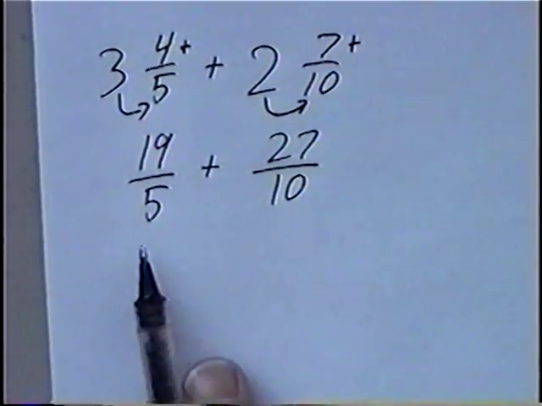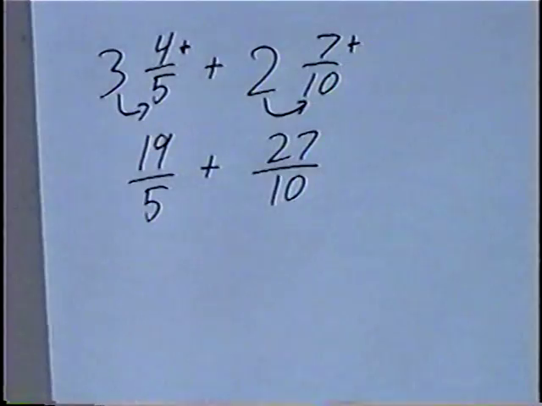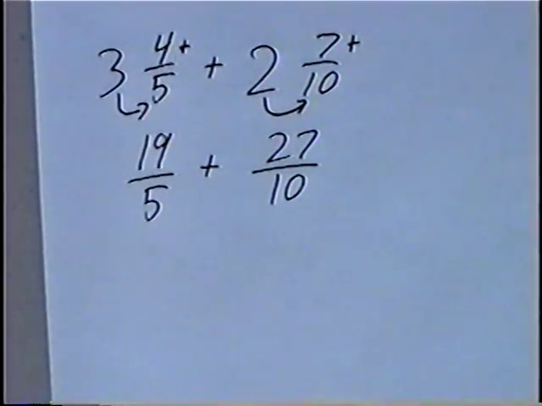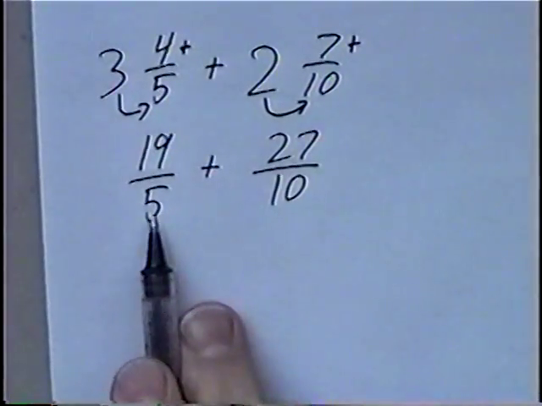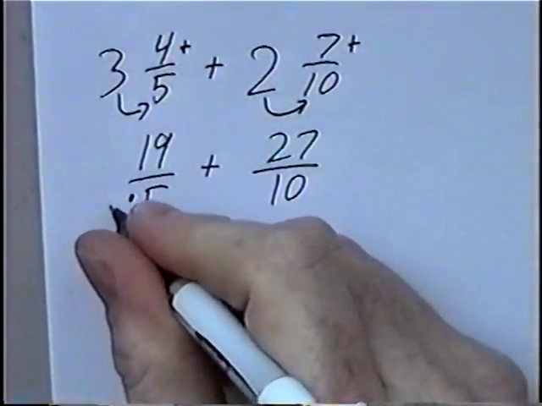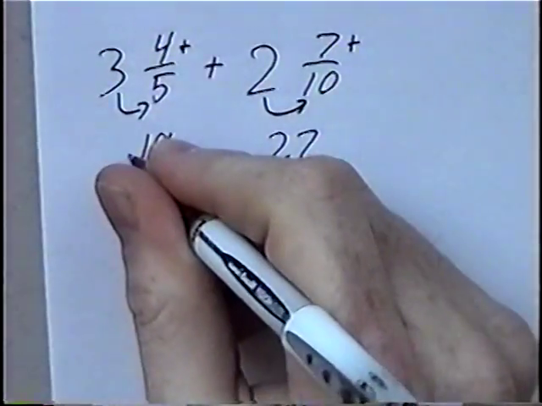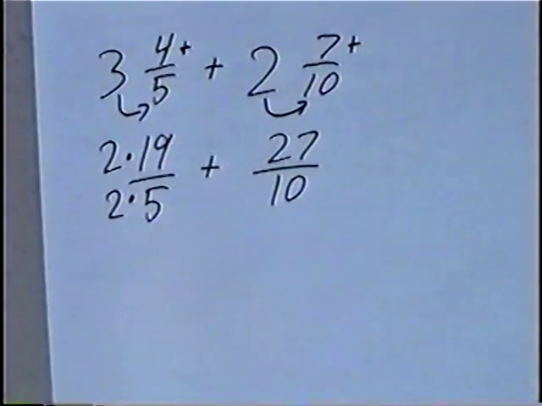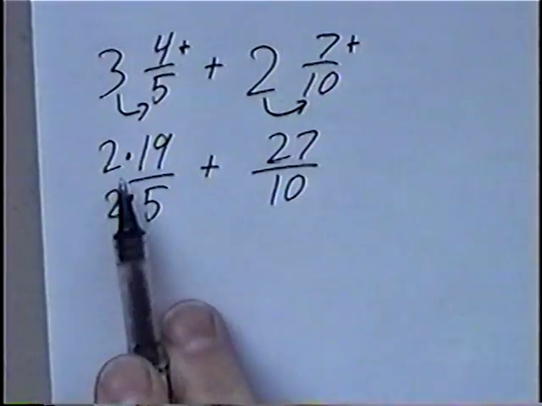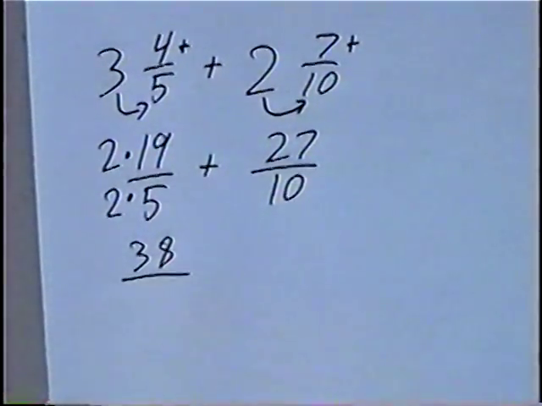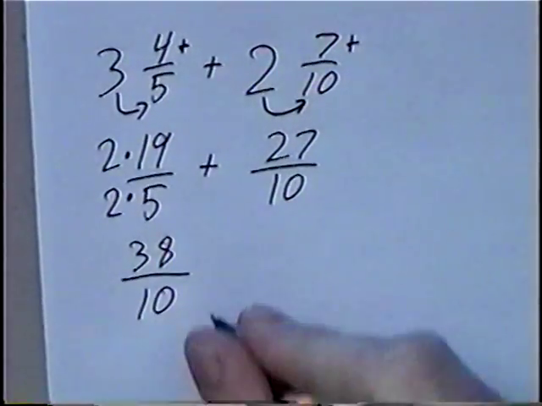Same steps as before when we add fractions, we want the common denominator. The denominators are 5 and 10. To get a common denominator, we can actually just multiply the first number by 2, and that will give us a common denominator of 10. Keep in mind we'll multiply the numerator by 2 also. 2 times 19 would be 38, and 2 times 5 would be 10.